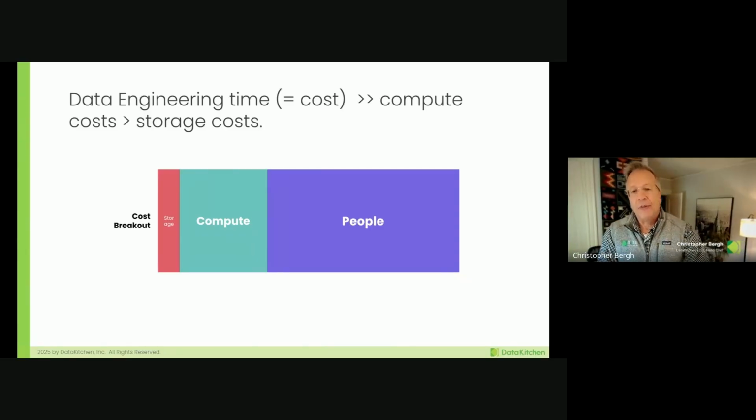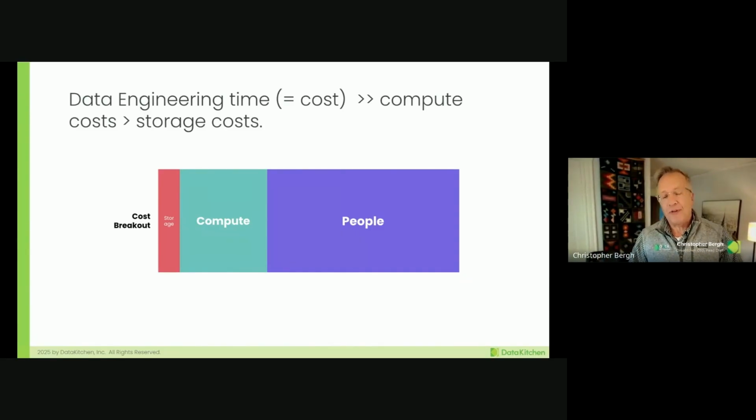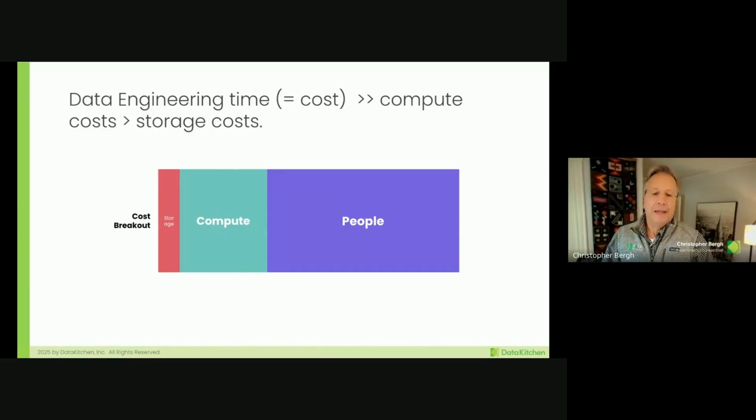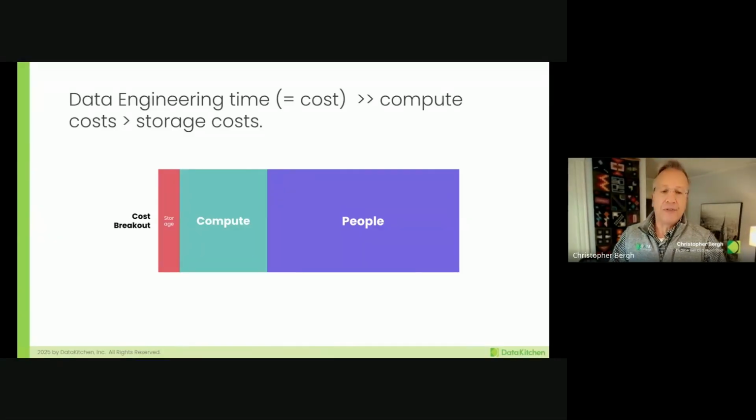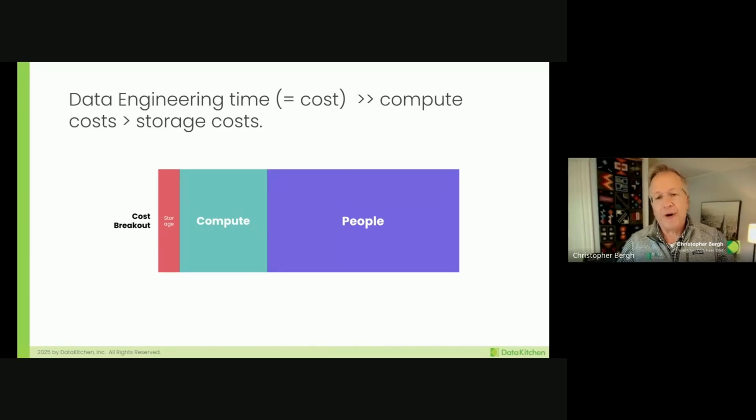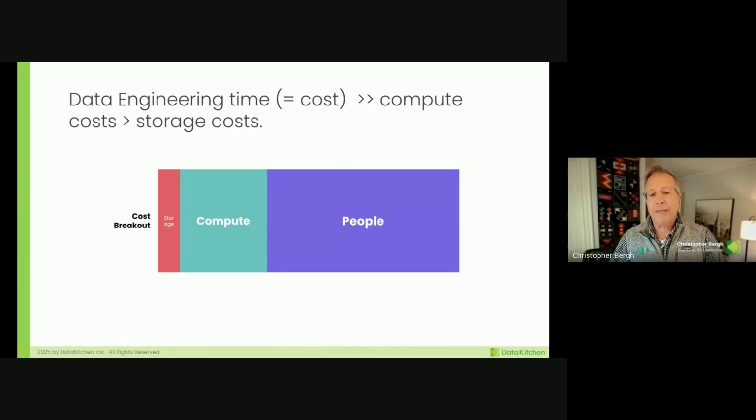The cost of the people is much greater than the cost of the stuff that people work on. And lately that's shifted more towards compute than storage. At other times it would have been more storage than compute, given there are a lot of Snowflake and Databricks customers out there. But I think this is really true. And in my experience, it's often like 80 or 90% people and less compute.